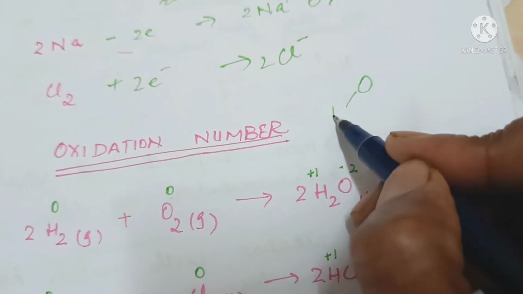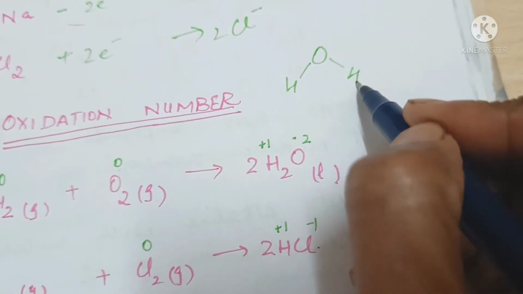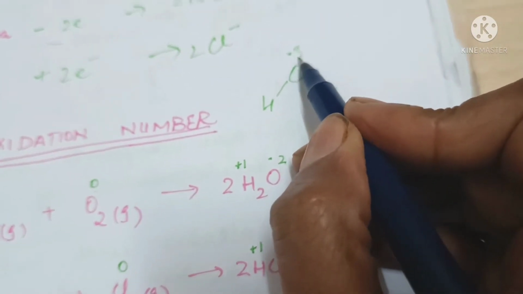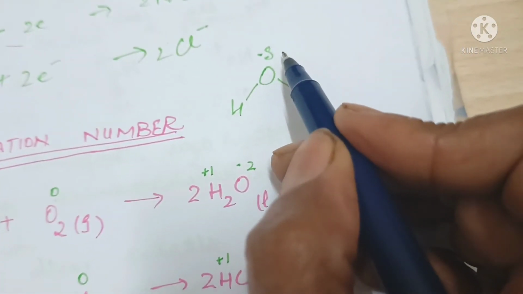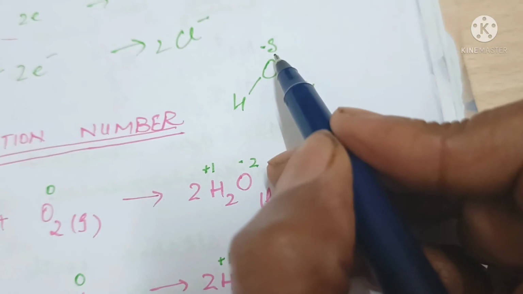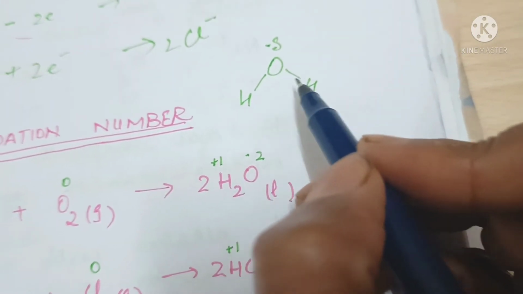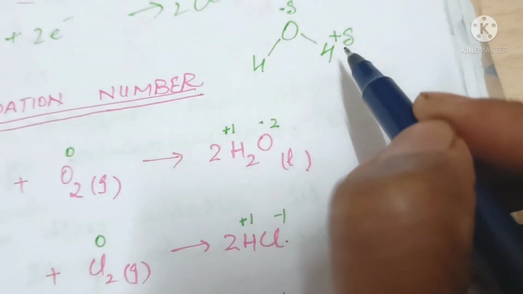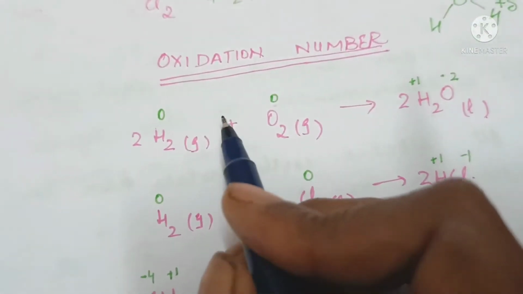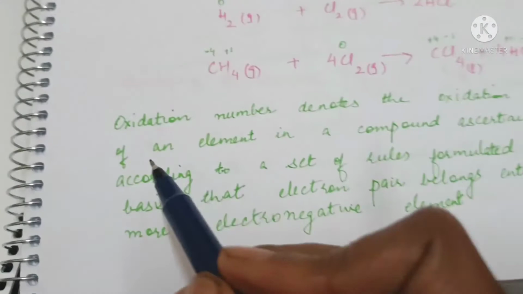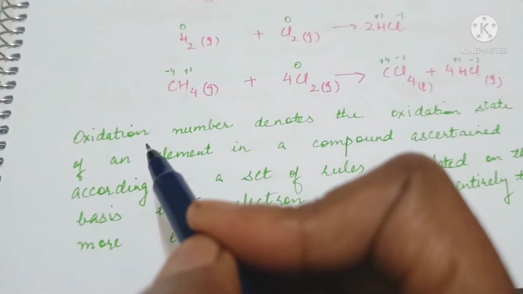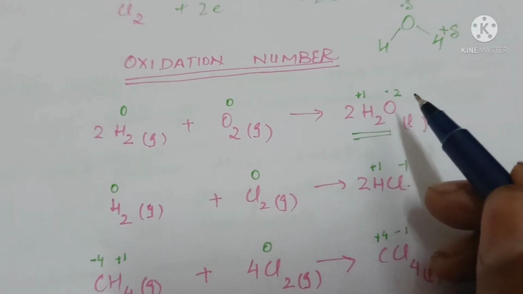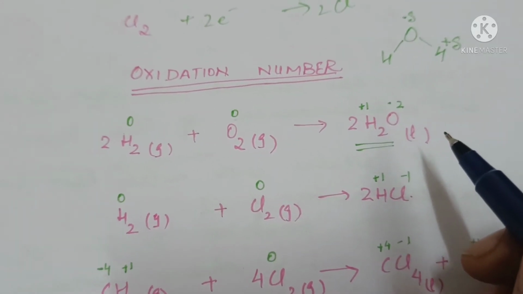In water, oxygen is more electronegative than hydrogen, so a partial negative charge is attained by oxygen and partial positive charge is attained by hydrogen. So this concept means transfer of electrons from a less electronegative atom to a more electronegative atom.